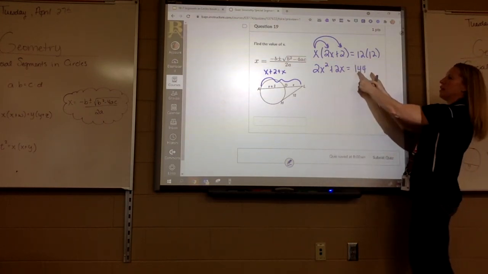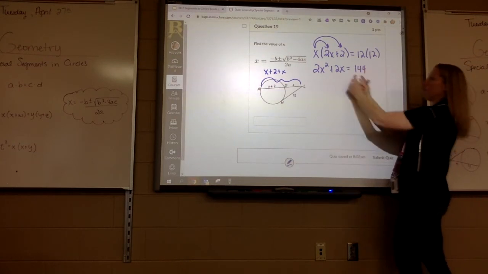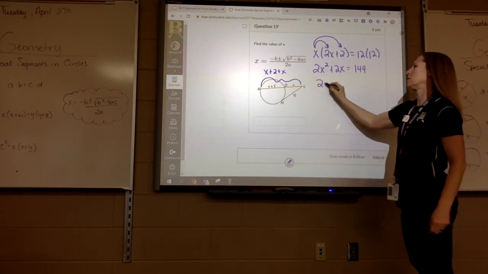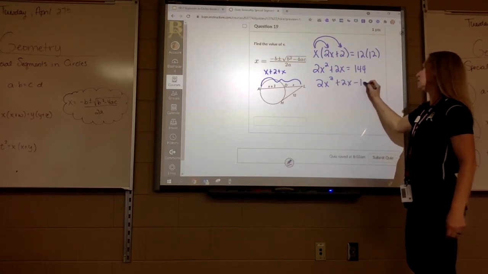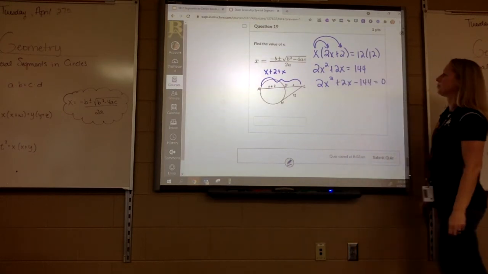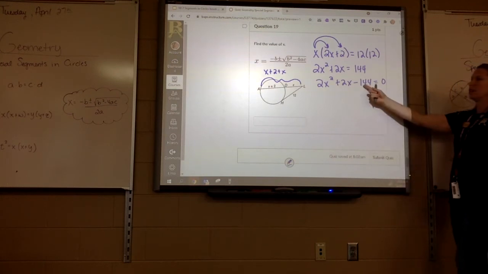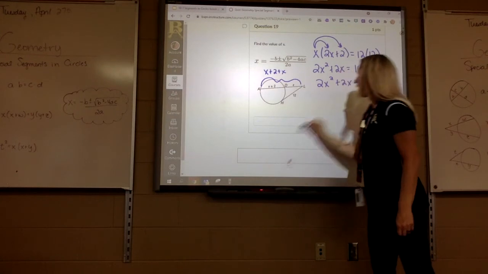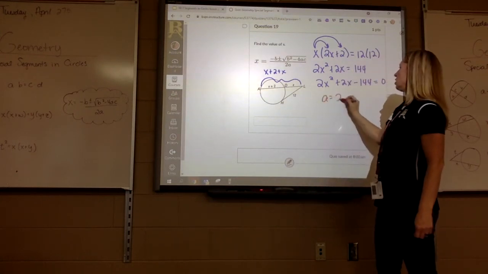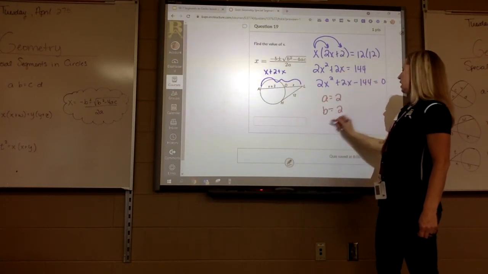Now we need this side to equal 0. So I'm going to have to minus the 144. So it's 2x squared plus 2x minus 144 equals 0. You guys okay with the c being negative 144? Okay. So what is a? 2. What's b? 2. And c?